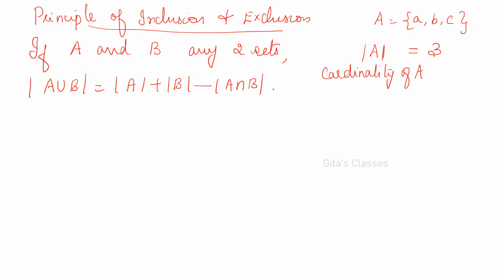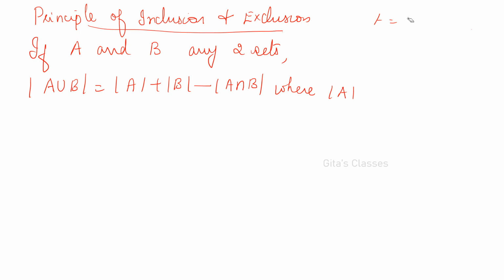Where |A| denotes the cardinality of A. Cardinality means the number of elements in the set. Okay.